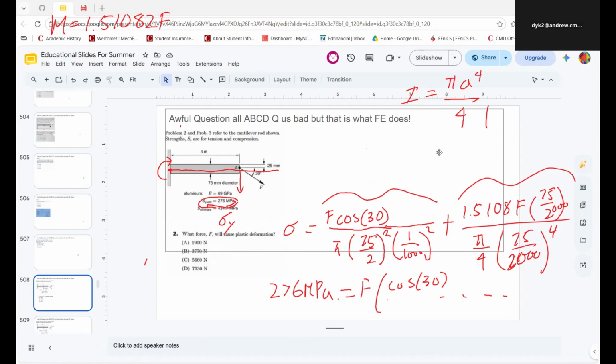So divide cosine 30, bottom, parentheses divide 75 divided by 2,000. Let's just make it simpler for us. Parentheses squared equals about 196 F, plus 1.5108 multiplied by 75 divided by 2,000, pi divided by 4 multiply parentheses divide 75 divided by 2,000 parentheses to the 4th power.